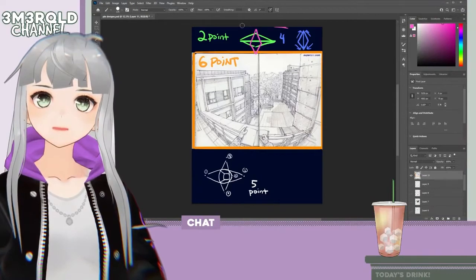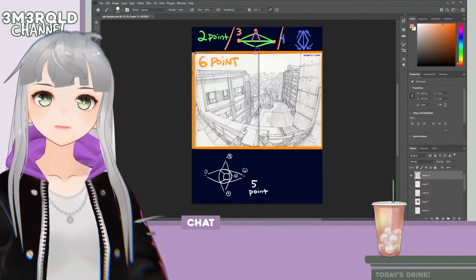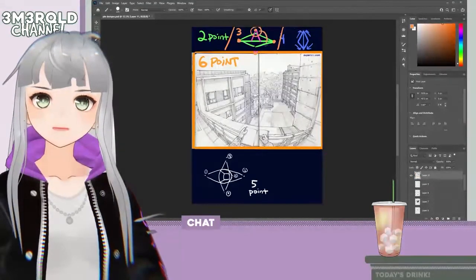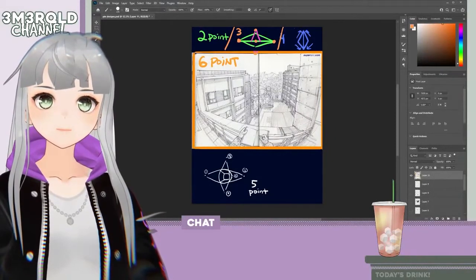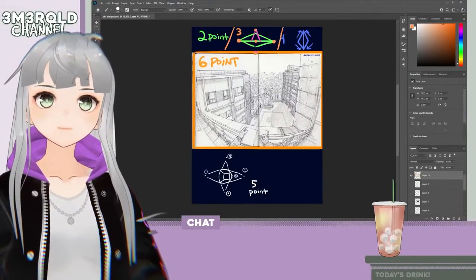So this is 4. What do you have to add to this to make it 6-point perspective? This is 3-point perspective. And then to make this into 4-point, we added it to the bottom, top to bottom. And now it's 4-point. So to make 6-point from 5-point, we're gonna duplicate this point in the distance.